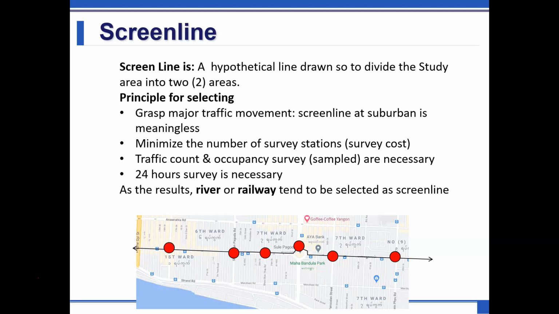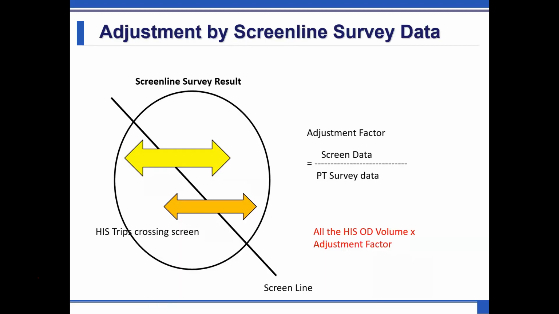According to these criteria, in many cities, a river or railway tends to be selected as the screen line of the city. The figure visualizes the adjustment process by the screen line survey data. Through the traffic survey, the number of persons crossing the screen line is summarized and compared with the sum figure computed from the person trip survey result.